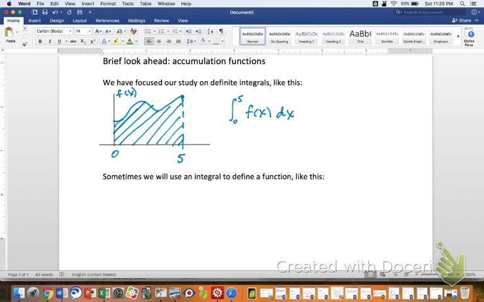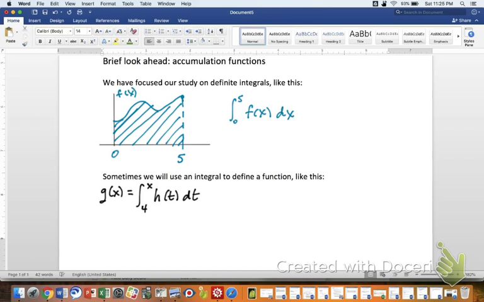So these accumulation functions are going to be based on a definite integral to help us define a function. So I'll show you what that might look like. So we might have some function that's defined like this. G of x equals the integral from 4 to x of, I'll use h of t dt.